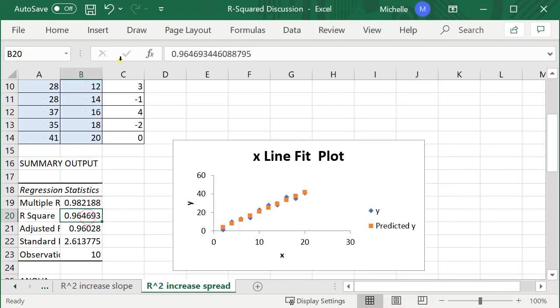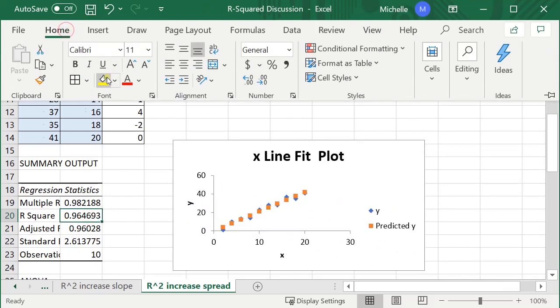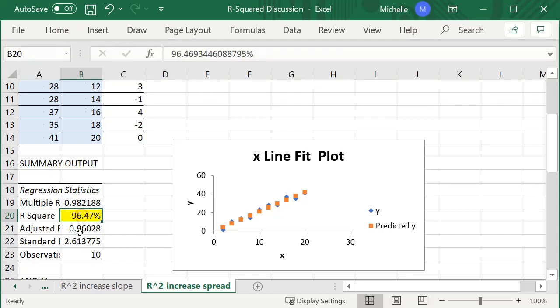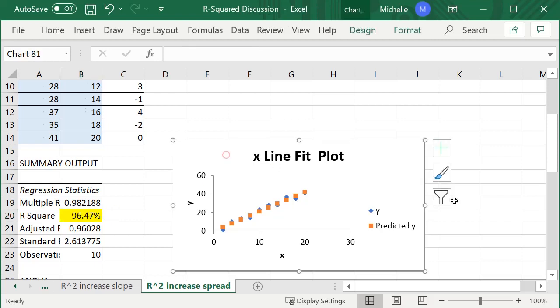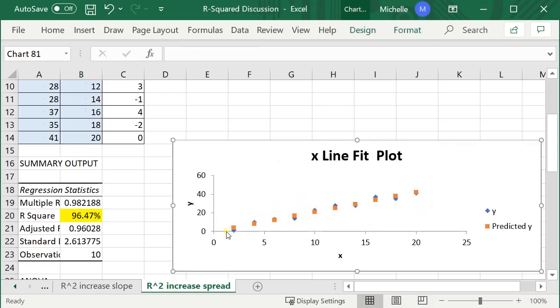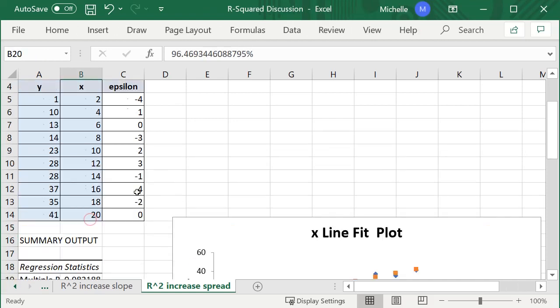All right, so now let's go look and see what our r squared value is. Here it is. Let's press home, highlight, change it to a percentage. Okay, and we're seeing a very high r squared value, right? And the slope is the same slope, but it's over an increased spread of the values of x, right? But the model error is still exactly the same.